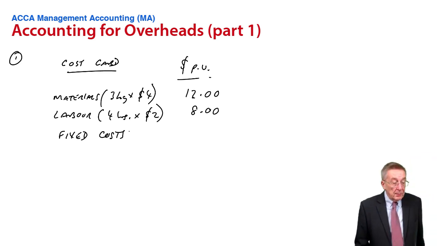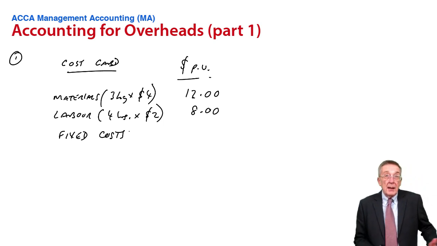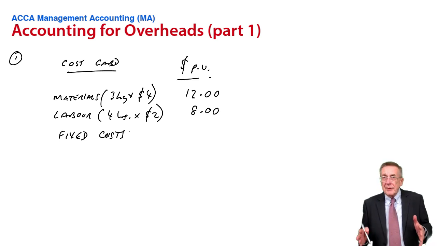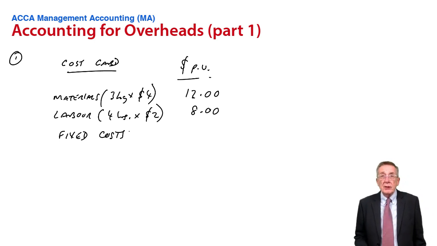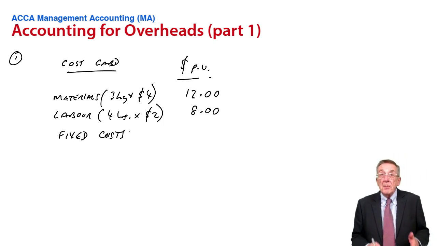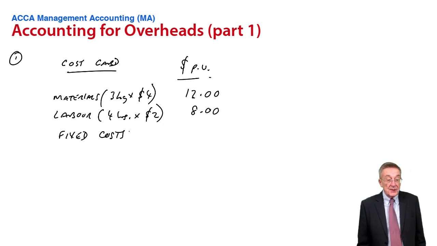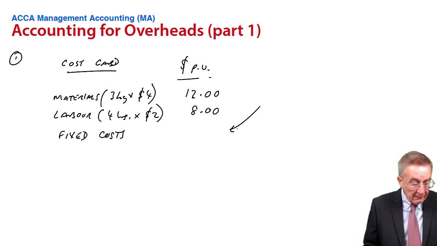And here's where we hit the problem. They're estimated to be 700,000, and I mentioned fixed costs in a previous chapter. That's things like the rent of the factory. And fine, the rent of the factory may be 700,000, but how are we going to decide how much it is per desk? Well, it says we expect to produce 50,000 desks a year, and so I don't think too much of a problem.